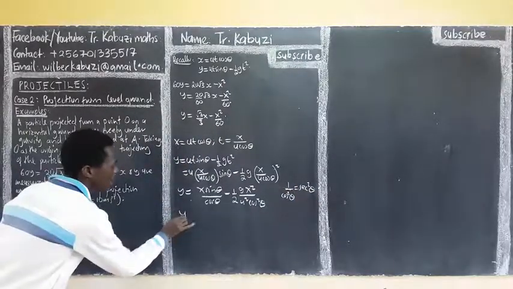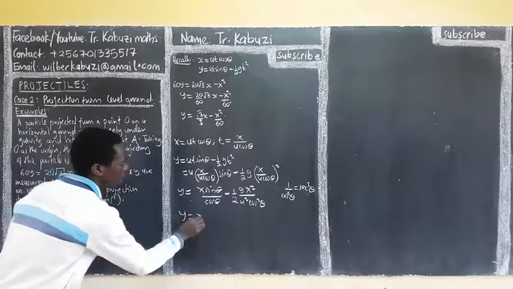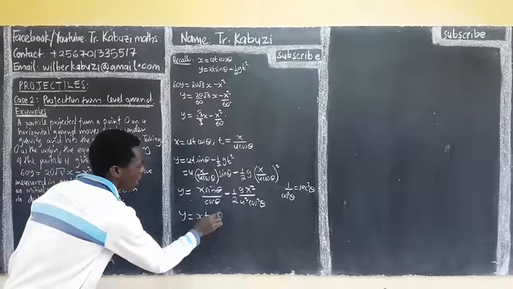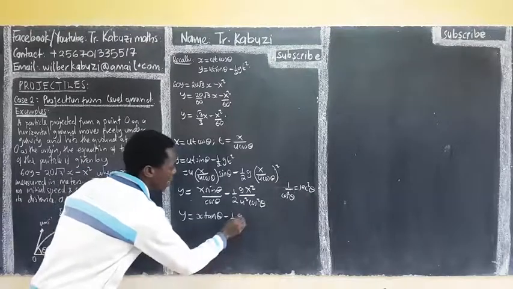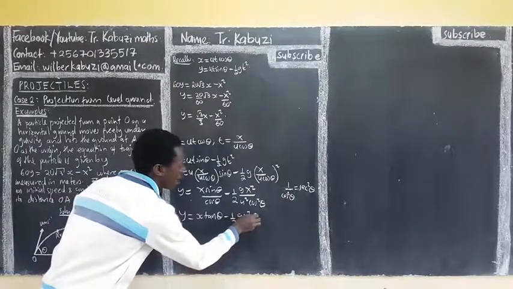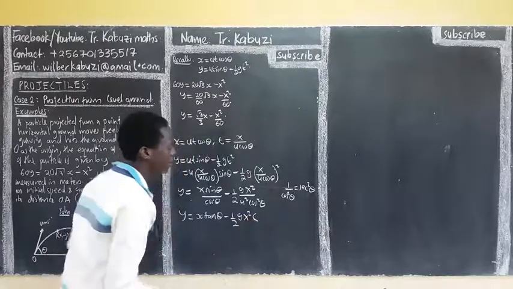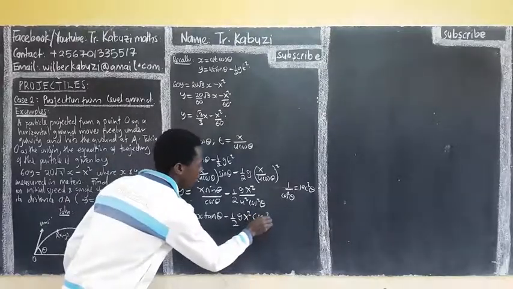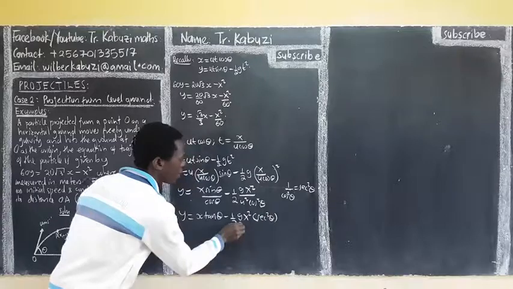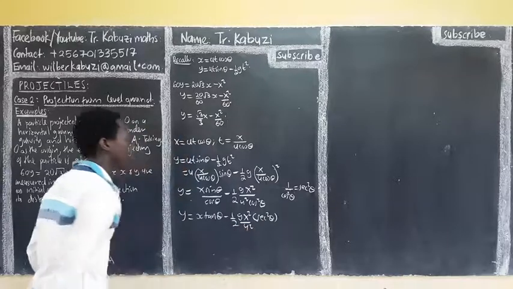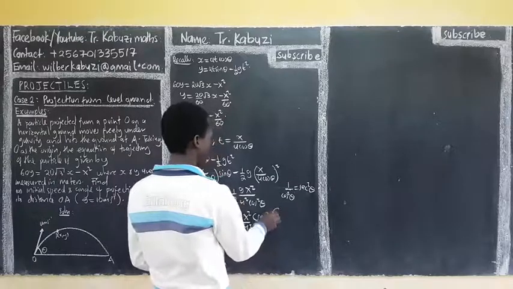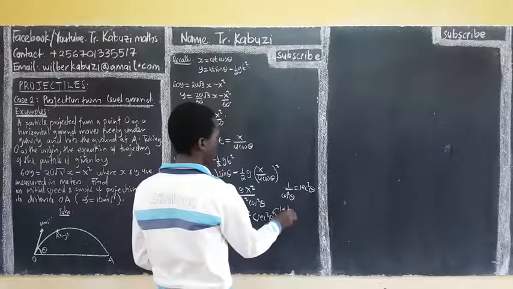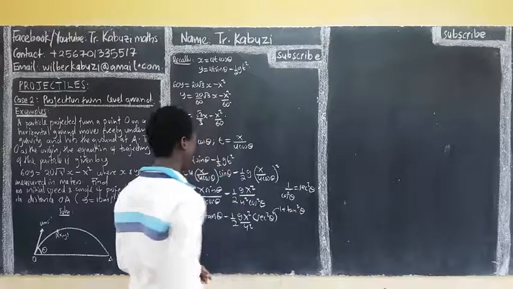So here my y is going to give me x tan theta, then minus a half g x squared into sec squared theta over u squared. But what is my sec squared? My sec squared is the same as 1 plus tan squared theta.